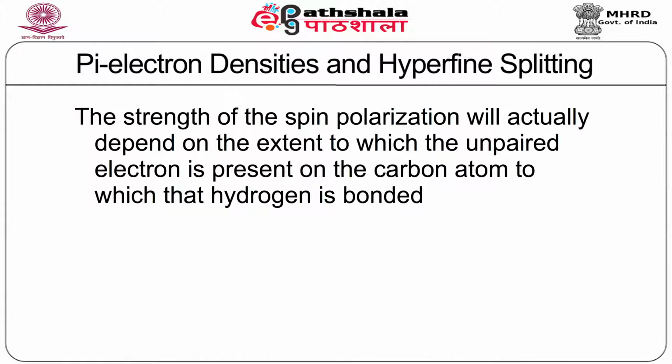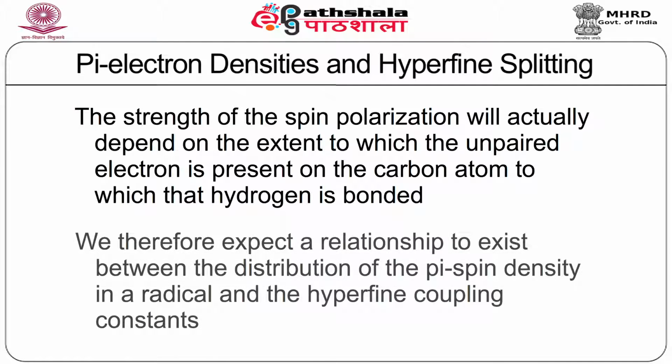The strength of the spin polarization will actually depend on the extent to which the unpaired electron is present on the carbon atom to which that hydrogen is bonded. We therefore expect a relationship to exist between the distribution of the pi spin density in a radical and the hyperfine coupling constants.